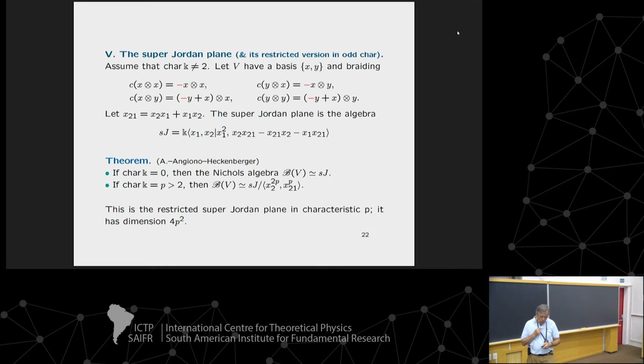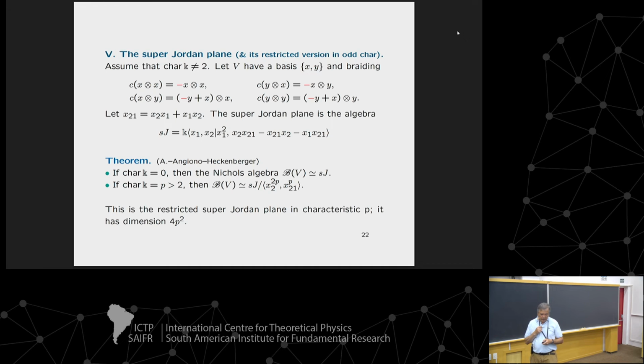Now I go to the last two sections of my talk, about the super Jordan plane and its restricted version in odd characteristic, and the Jordan plane in even characteristic. For the super Jordan plane, I will again assume that the characteristic is different from 2.